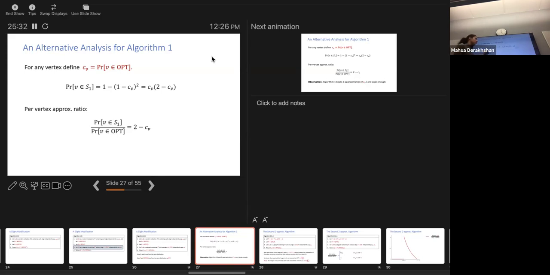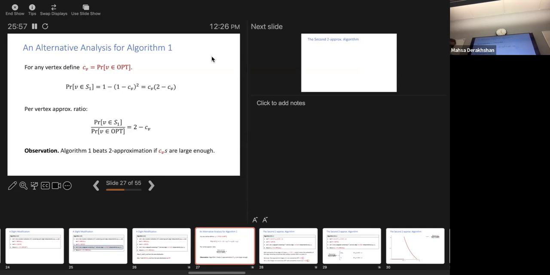So your approximation is like 1 minus the summation of CV squared over opt. So if opt is uniformly distributed, then what you're saying is good.